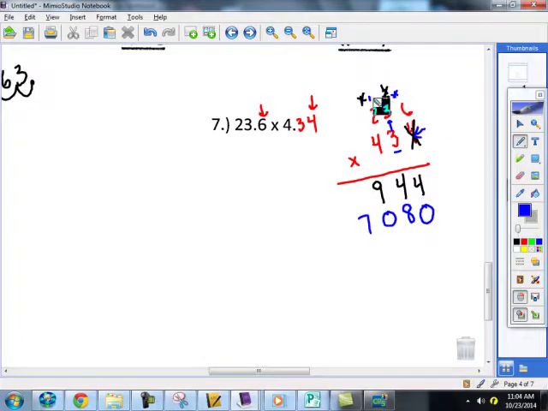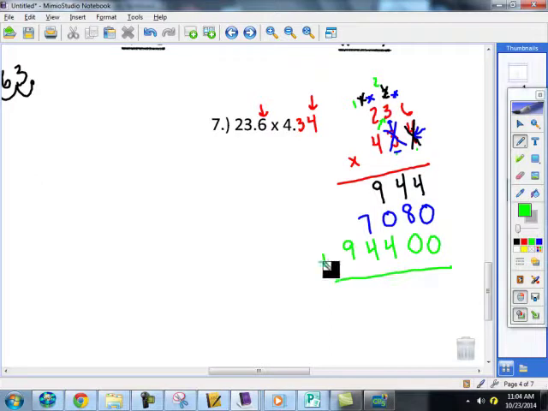Now again, get rid of your carries and get rid of the place value you just took care of. Okay? Now, since I have 2 x'd out, I'm going to put 2 placeholders in there. All right? Now, 4 times 6 is 24, carry 2. 4 times 3, right here, would be 12, plus 2 is 14, carry 1. 4 times 2 is 8, plus 1 would be 9.